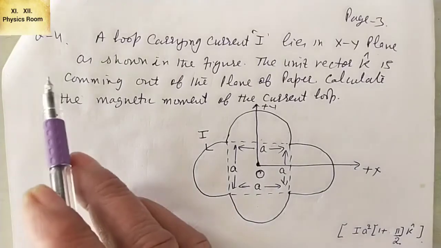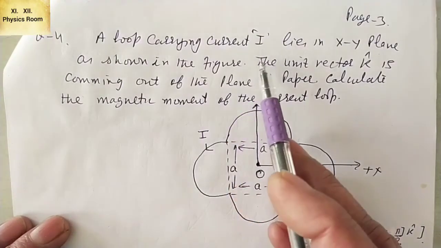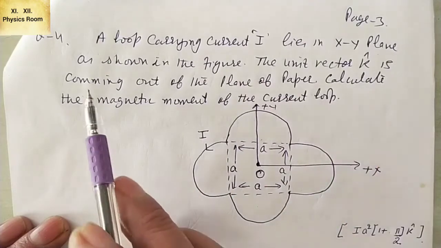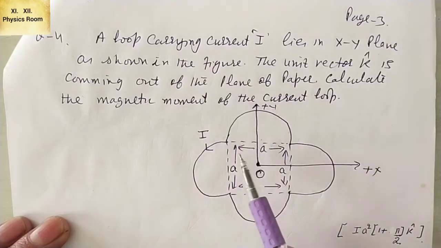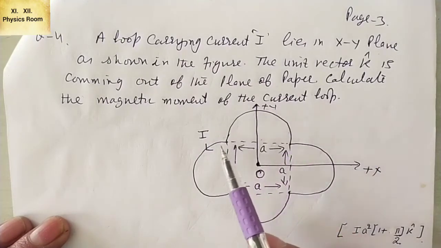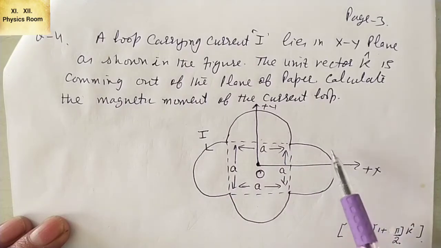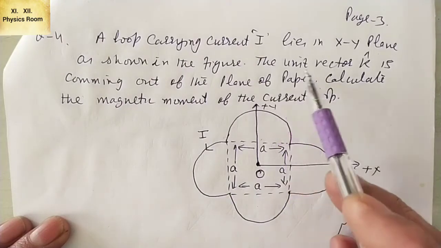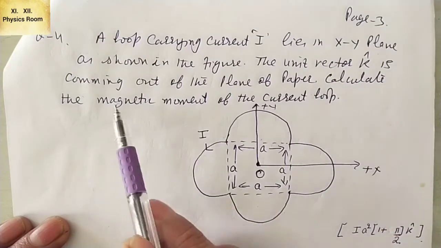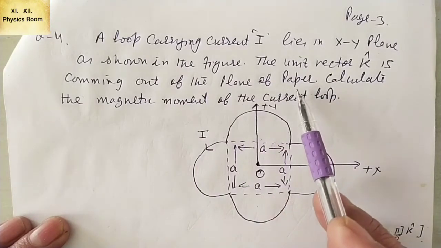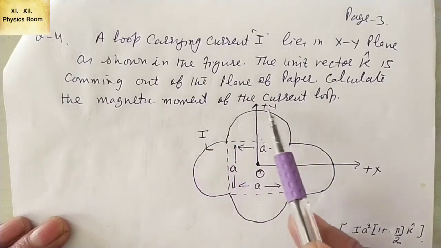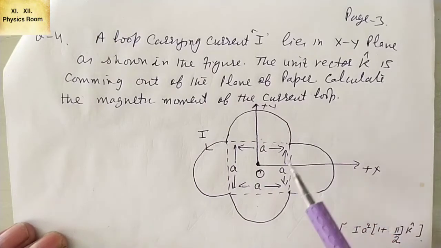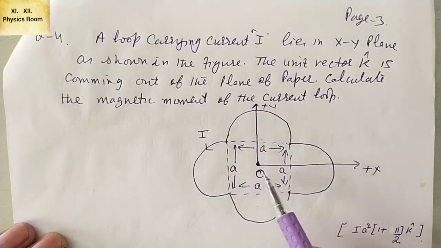Question number 4. A loop carrying current I lies in the XY plane as shown in the figure. The unit vector k cap is coming out of the plane of the paper. Calculate the magnetic moment of this current loop.